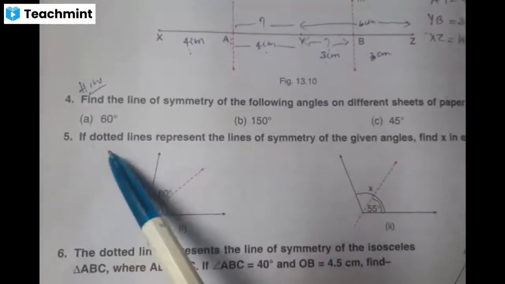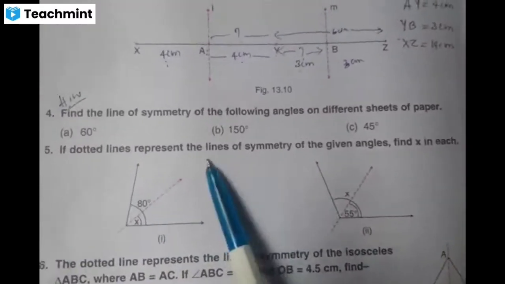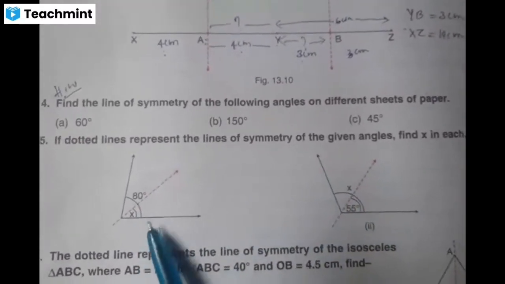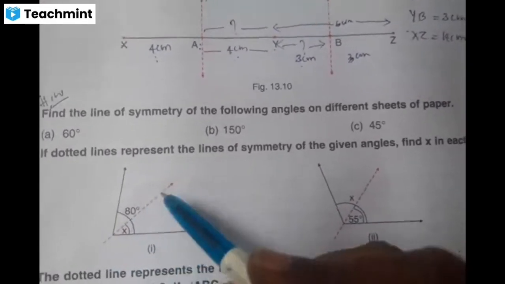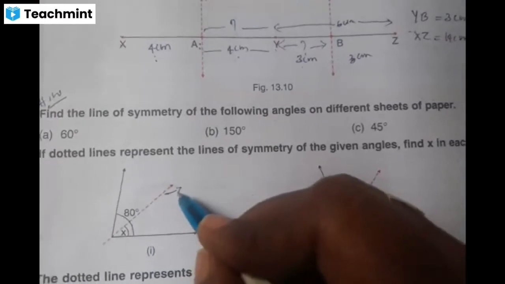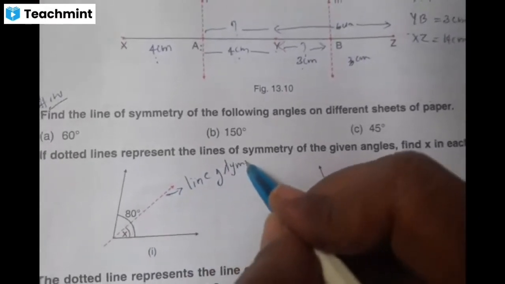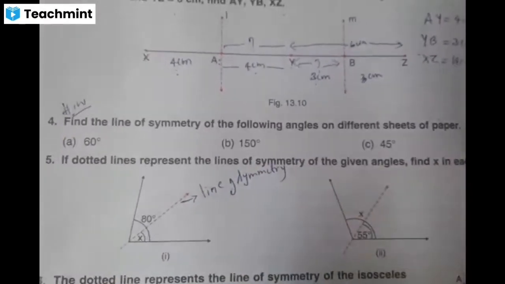Next is question number 5. If dotted lines represent the lines of symmetry of the given angles, find x in each case. So now here, this dotted line for this angle is a line of symmetry. In an angle, what does the line of symmetry do?